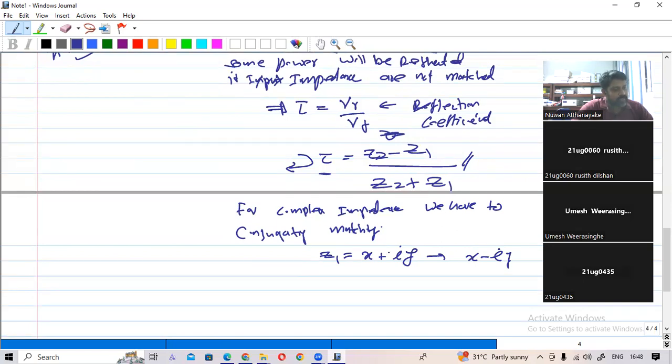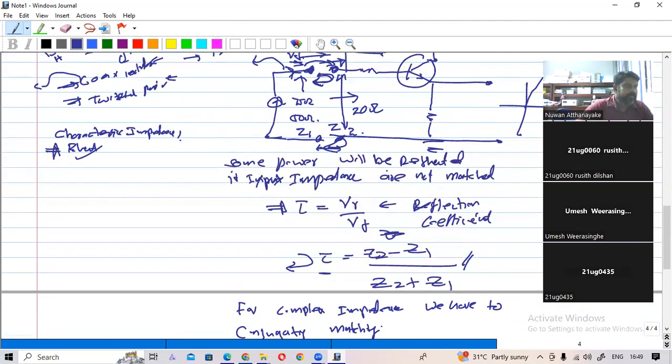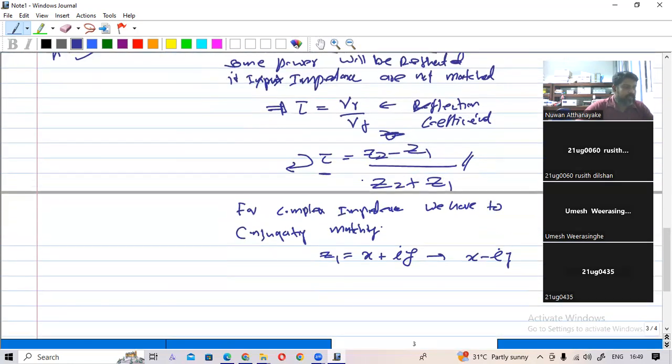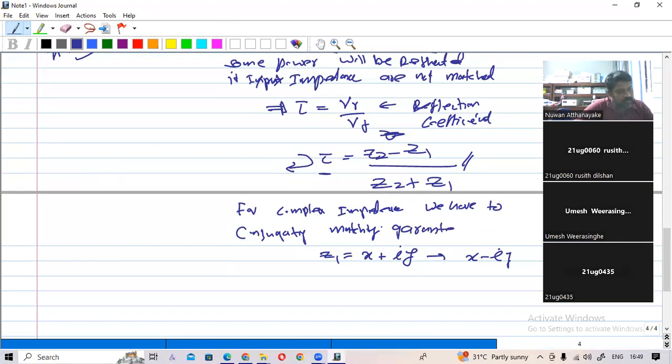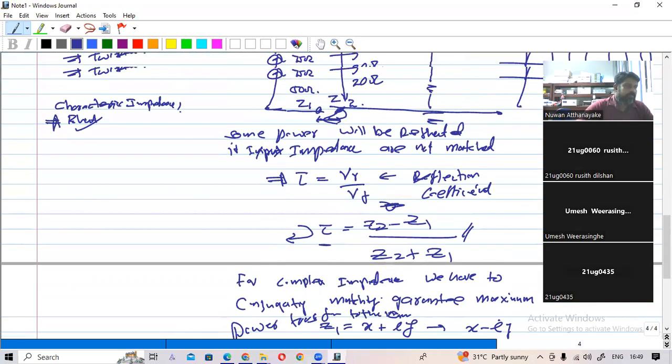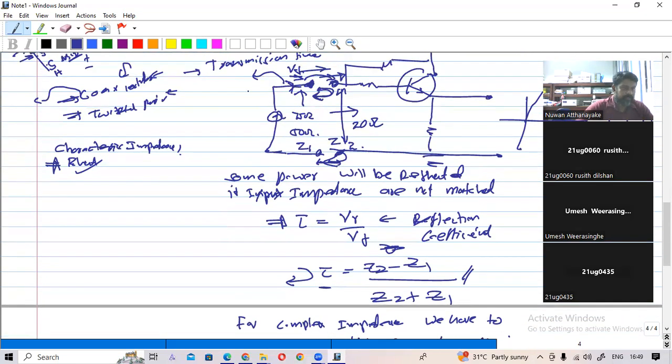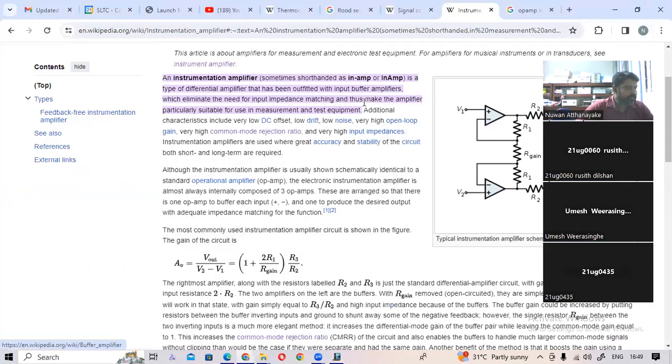So conjugate matching guarantees the maximum power transfer to the circuit. So that means we need to match these two impedances. Okay, so if we come to the point again.